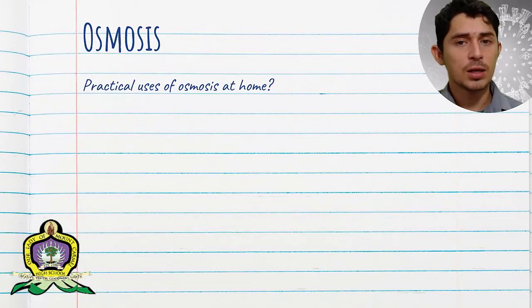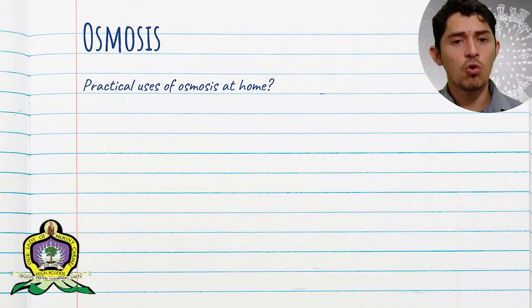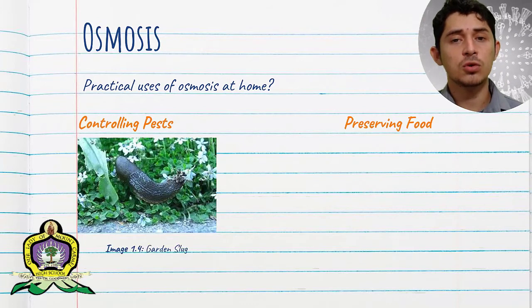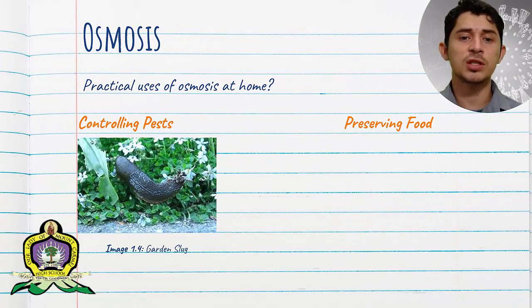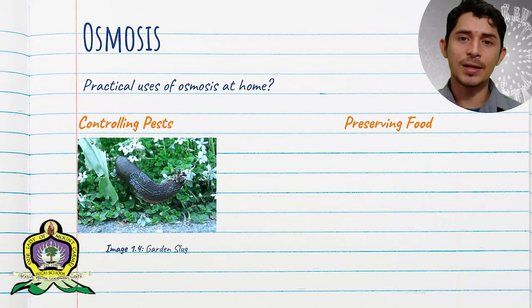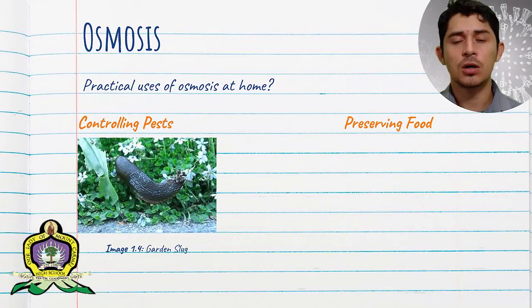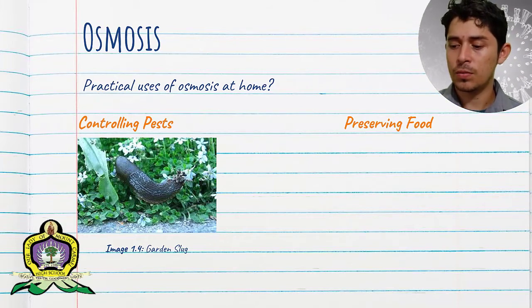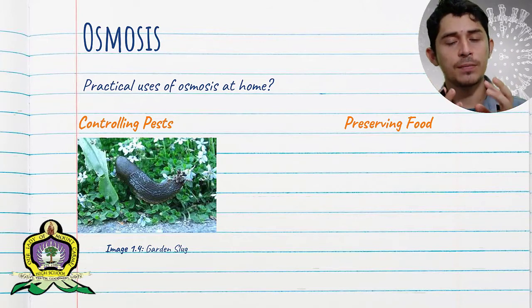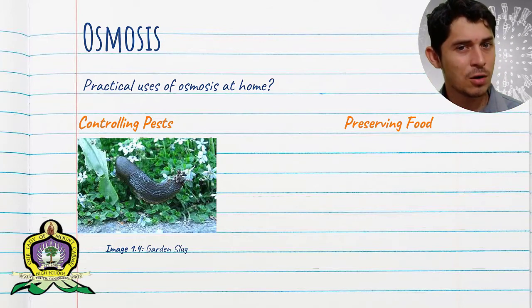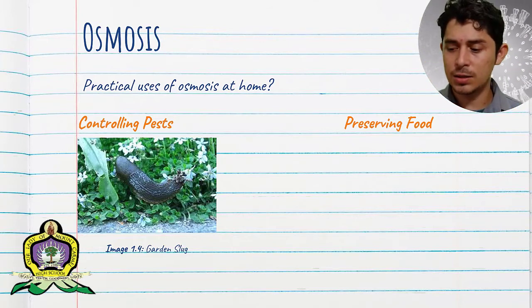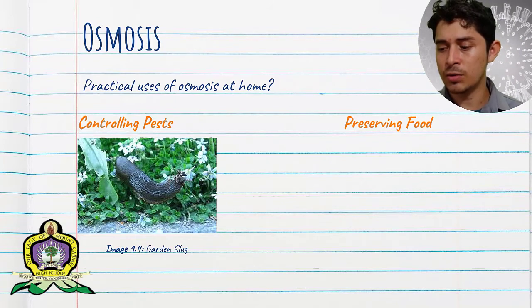So what are the practical uses of osmosis at home? Well, for one, it's used to control pests. Once you see slugs at home, you add salt on top of the slug and the slug becomes watery. Is it really becoming watery? No. It means that this is the slug. This is how the slug would look like.